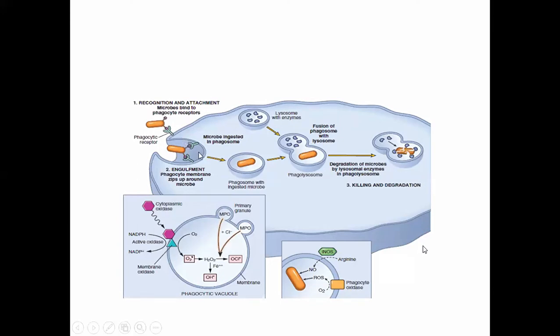This is the process of engulfment, and then it becomes a phagosome, and this phagosome fuses with the lysosome, and then the next step is the degradation of the microbes, or the killing of the microbes.